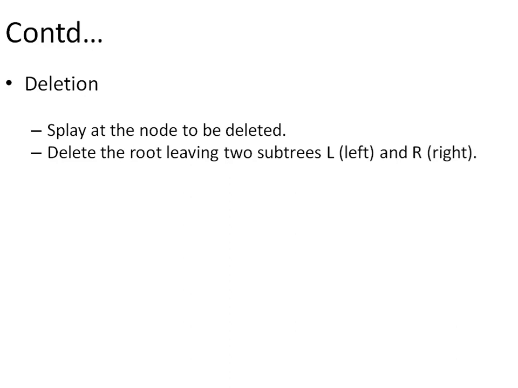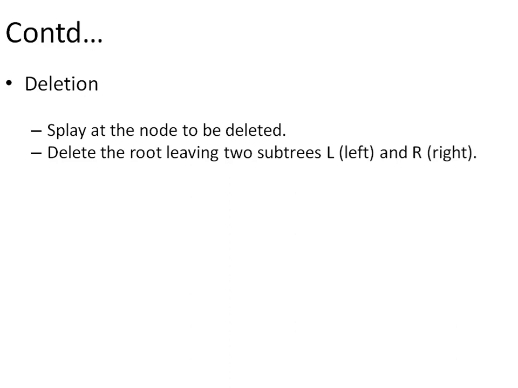So if it is a successful search, we have to delete the root if it is found. Otherwise, if the search is unsuccessful, then we have to simply splay at the node which we have reached just before visiting the null pointer.